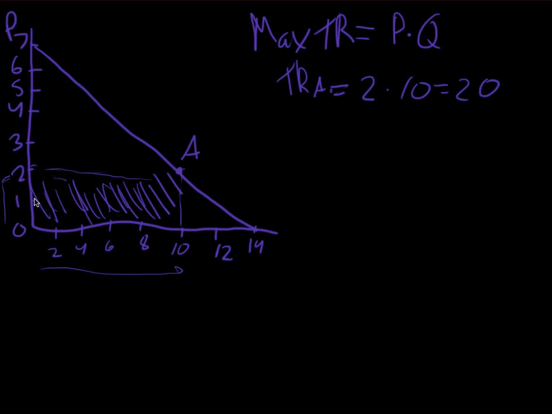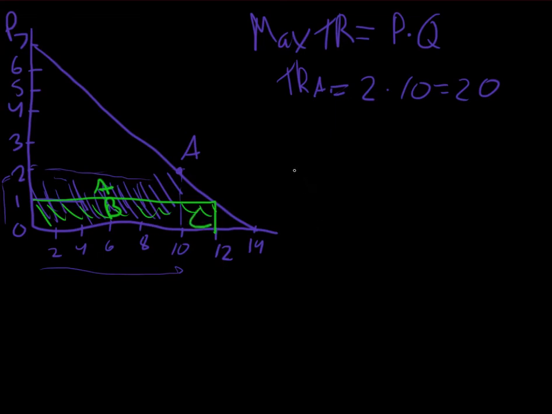Now I will have this area as my total revenue. Initially I had A and B, and now I have B and C.